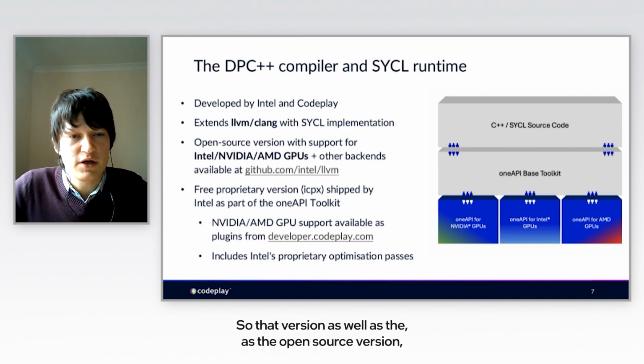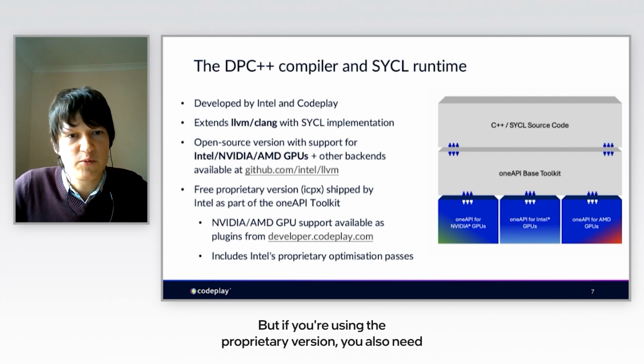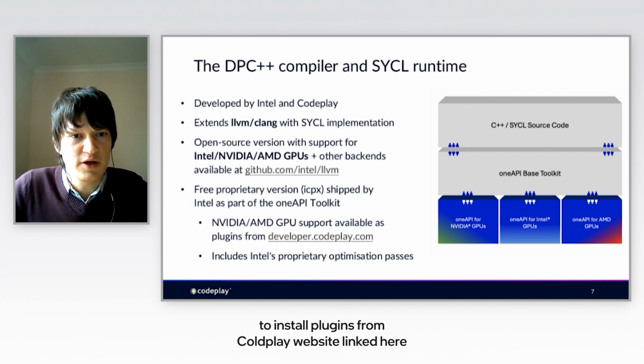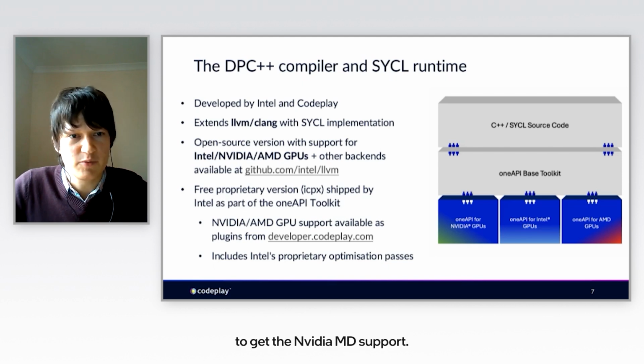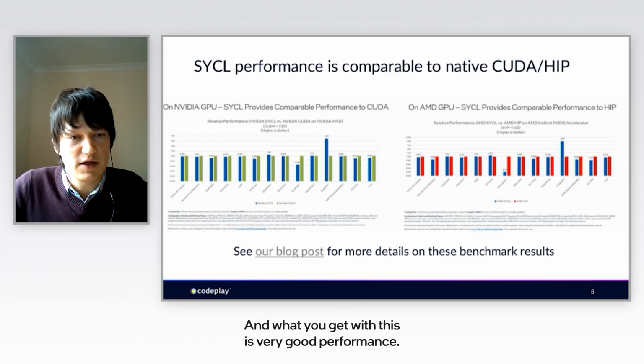That version, as well as the open source version, supports multiple backends, including Nvidia and AMD GPUs. But if you're using the proprietary version, you also need to install plugins from CodePlay's website, linked here, to get the Nvidia and AMD support. So that's nice and easy. And what you get with this is very good performance.